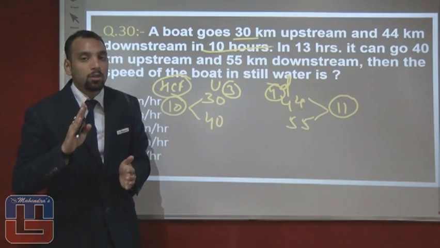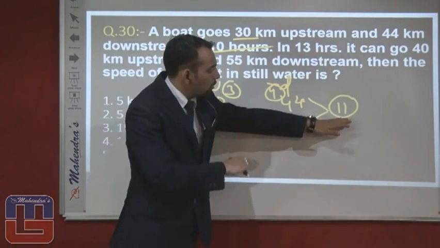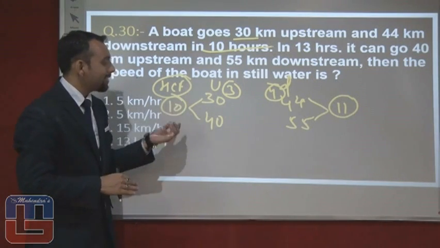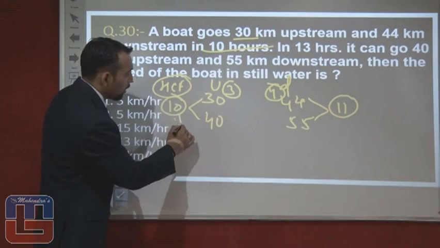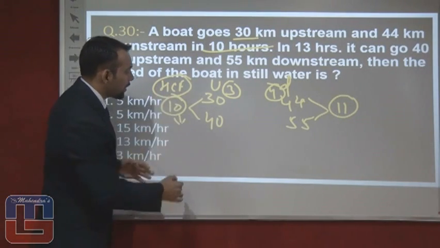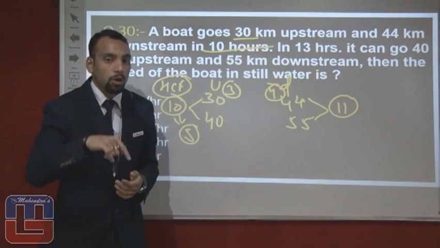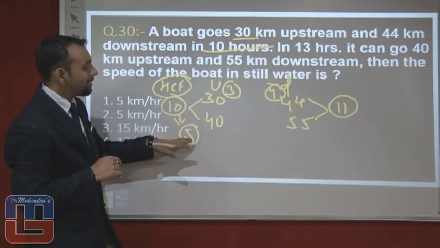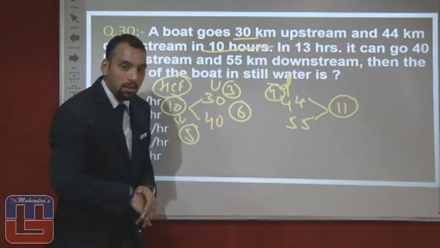So what will we do? Keep the downstream speed 11, and decrease the upstream speed, which means if we take the upstream speed as 5. Now follow the condition. 30 km at speed 5 will be 6 hours.